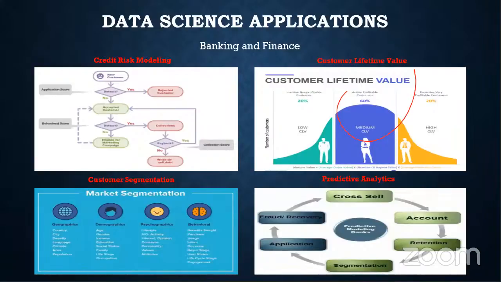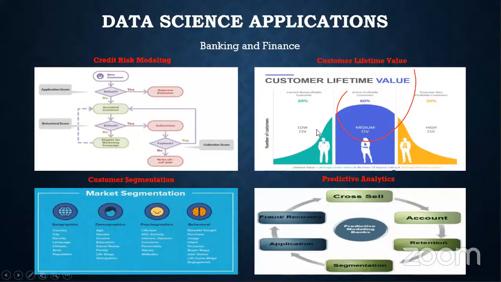So that is why banks always go for multiple checks before they give anything, right? That is completely based upon credit risk modeling. A complete way of modeling is done, where it is seen whether a particular bank should give a particular product to a customer or not.